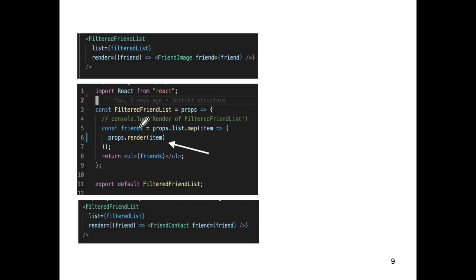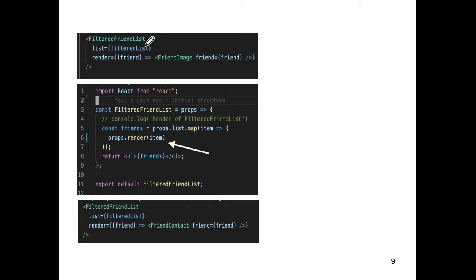It receives an array of friend objects, and we are mapping over the array of friend objects as last week. But it receives a second prop in this new design. And you can see here that I'm calling props.render. So a function, a render prop, must somehow be passed into this component.